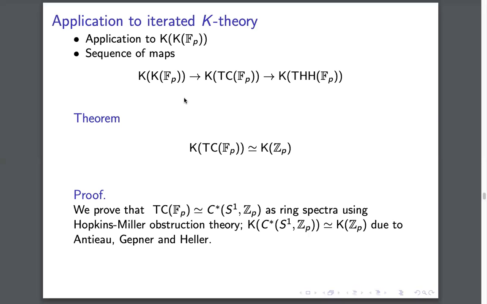So I'm just wondering about their results. Yeah, as far as I remember, it's only stated as a spectrum. I think they only say that there's an equivalence, but they just do it in the spectrum case.